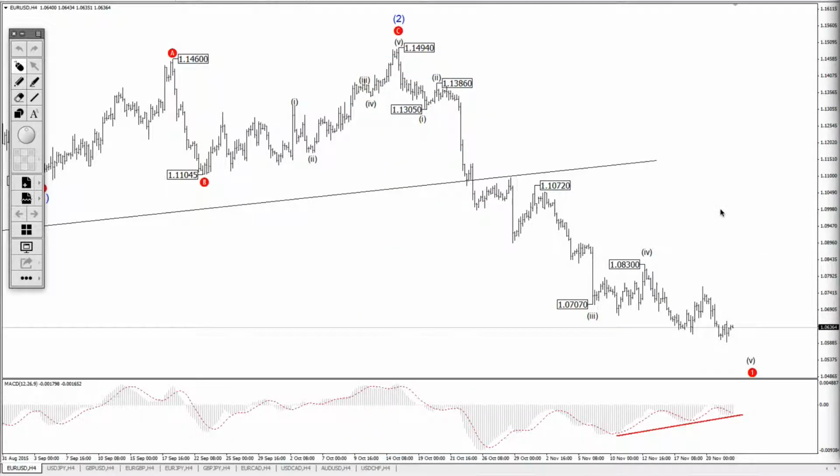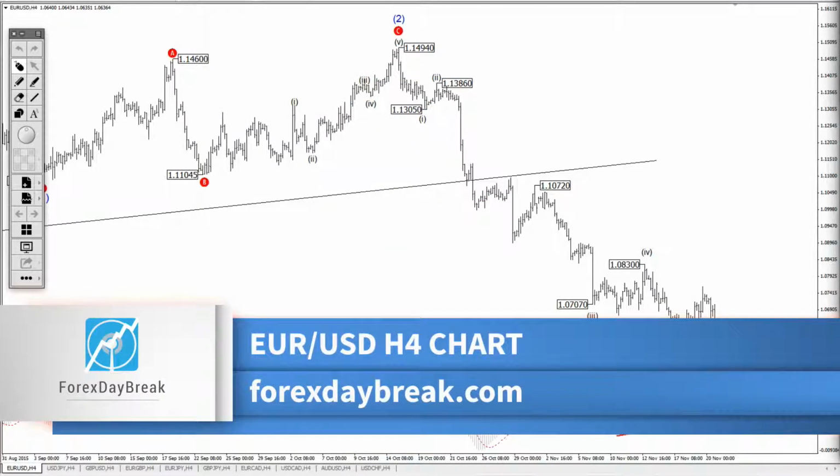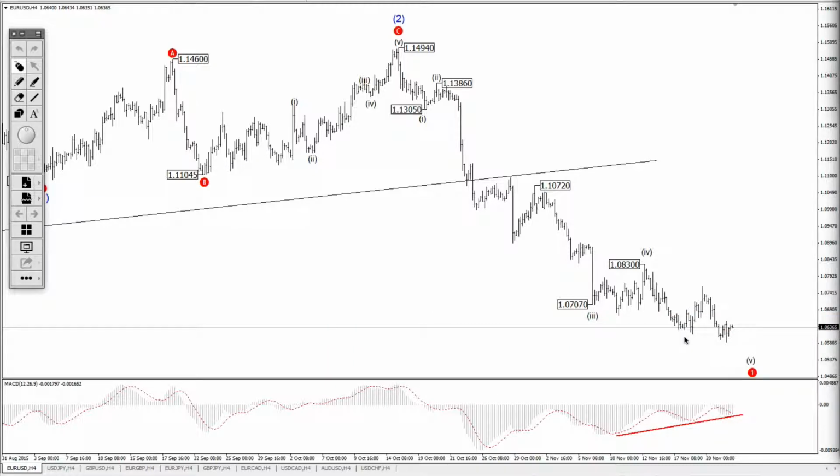First up is Euro-USD. Yesterday we had quite volatile moves up and down and ended up more or less on the same spot that the market opened. Price now 106.365, and yesterday I was forecasting an expanded flat corrective form on this position.